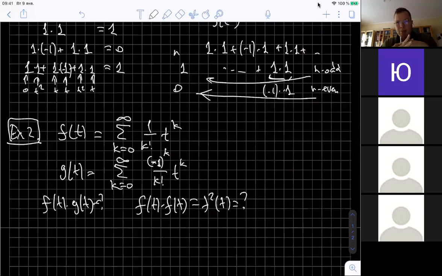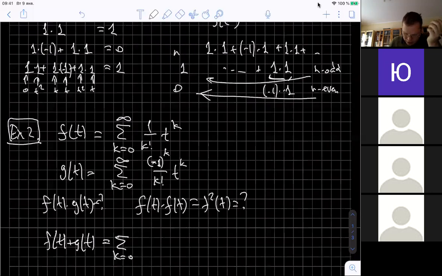If you calculate the sum f of t plus g of t, it will be the sum over k from 0 to infinity of 2 over (2k) factorial times t to the 2k power, because the even powers will be doubled and the odd powers will be cancelled. So I think that will be this.